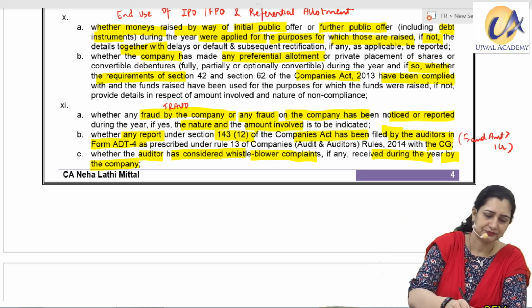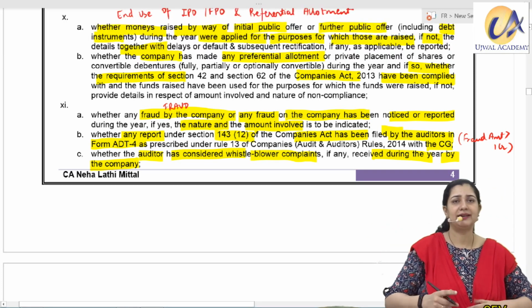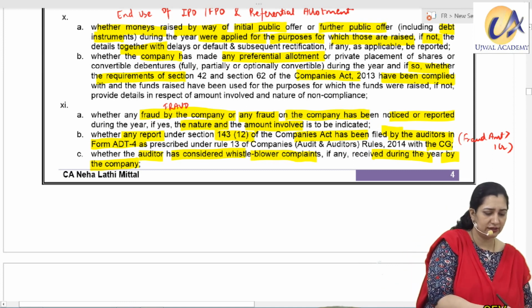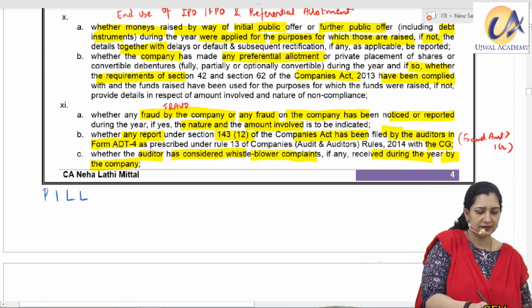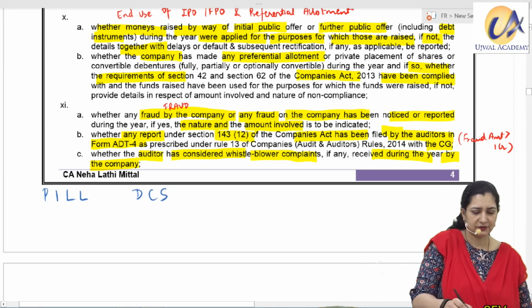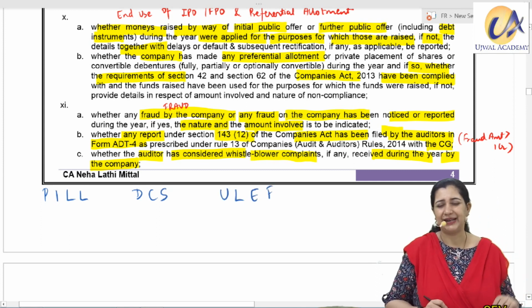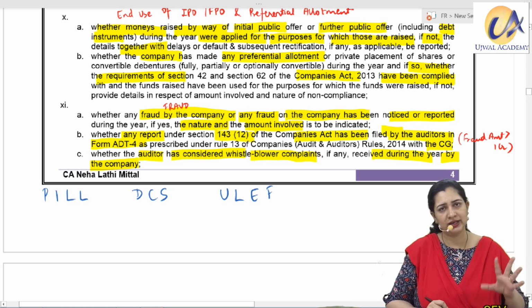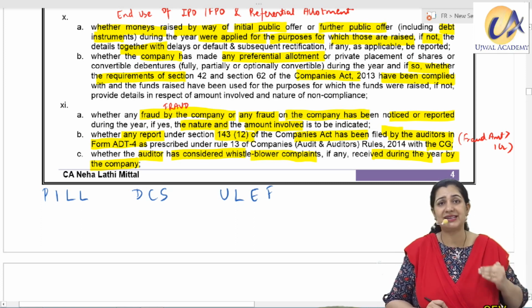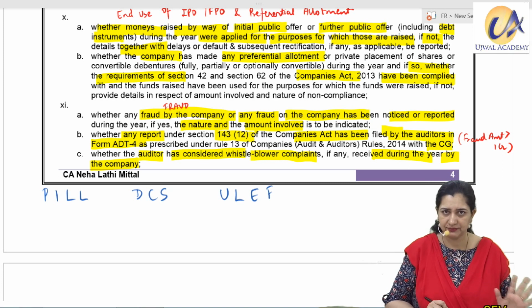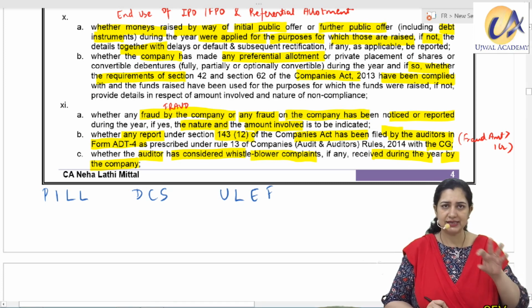Okay. So 11 points over. Let us see those 11 points. We already talked about PIL. Then we said DCS, right? Now we have got ULEF. I know there is no sense to this technique, because we are trying to remember it in the same order. That's why we are doing it like this. PIL, DCS, ULEF.